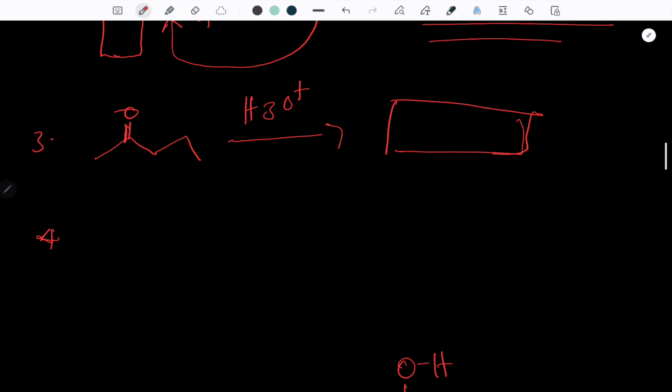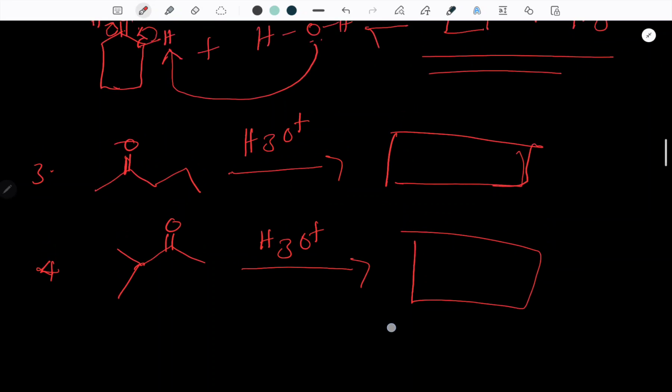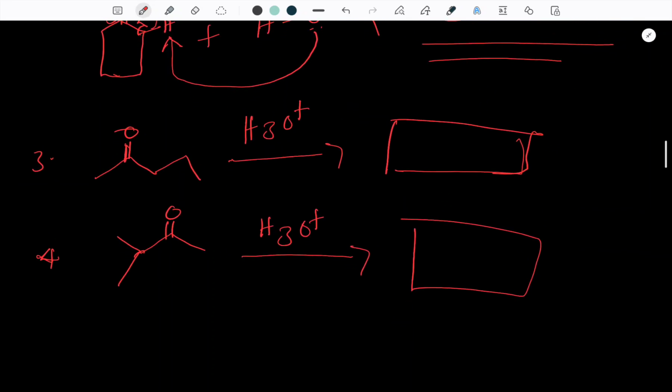In this case, let us put this compound. What will be the answers here? So those 2 examples, please do them. And if you find any challenges, don't hesitate to let me know.